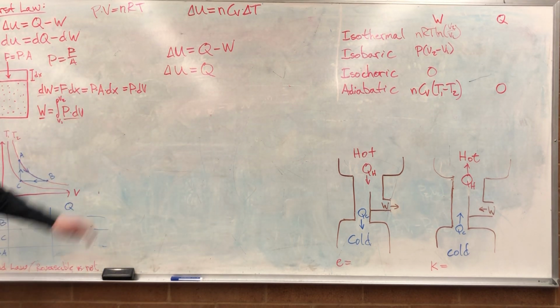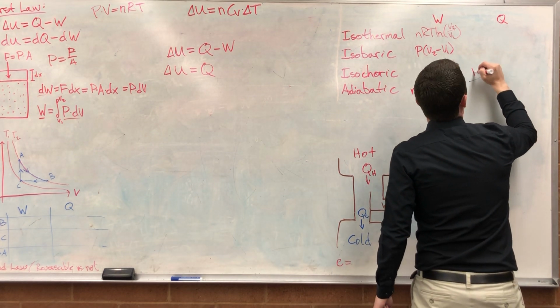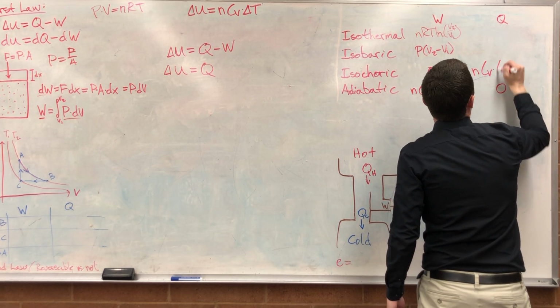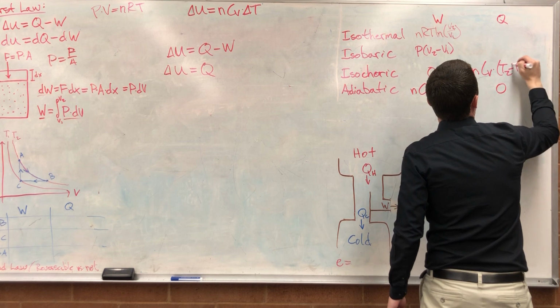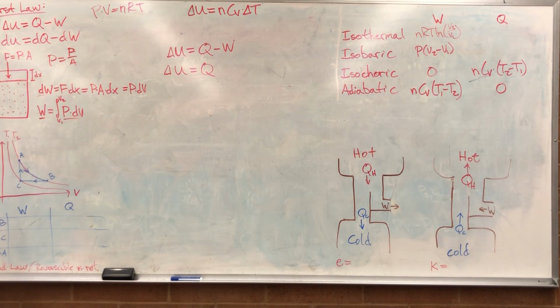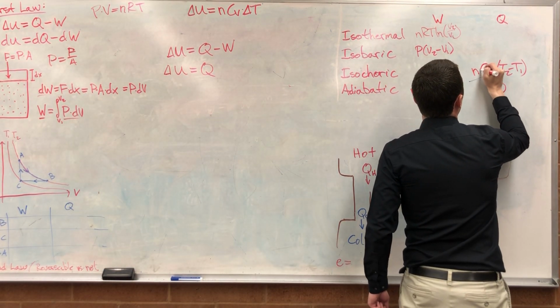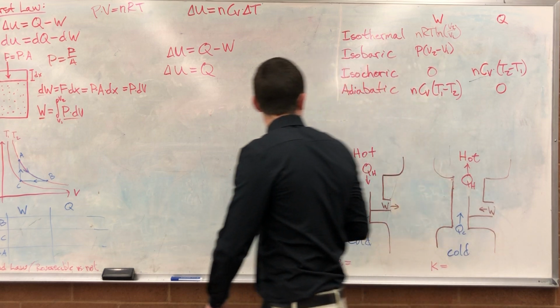So it's just delta U. So it's going to be nCV times T2 minus T1.